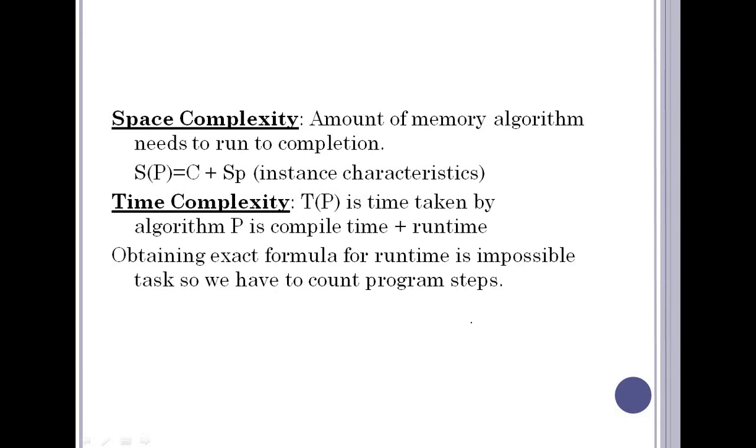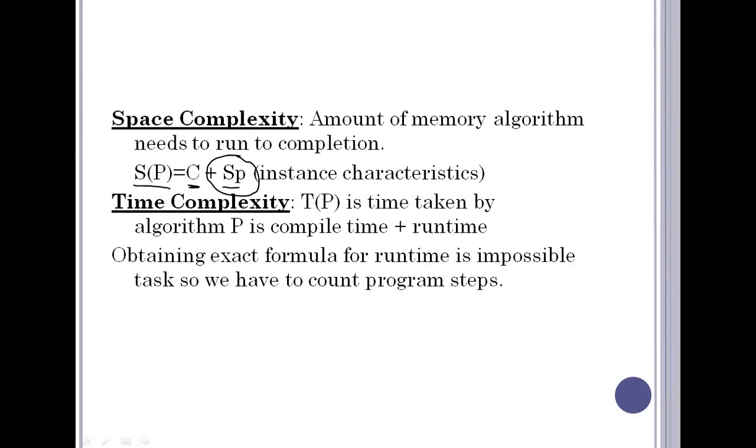Suppose I have an algorithm called P, and I am evaluating the space required for algorithm P. It is C plus SP, where C is a constant, maybe the space required for the code area, and SP is a variable part that consists of the space needed by the component variables whose size depends on the problem instance. So SP is the instance characteristic.